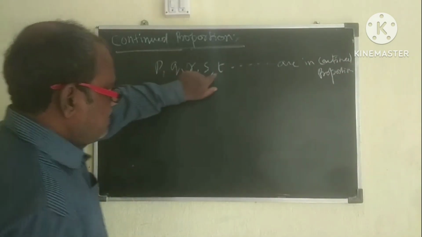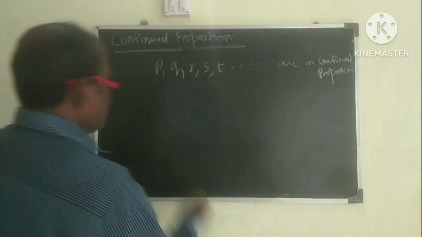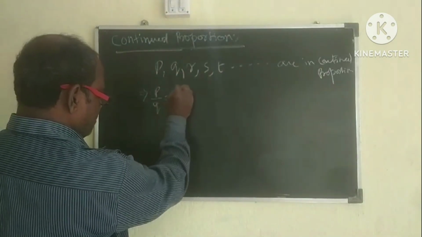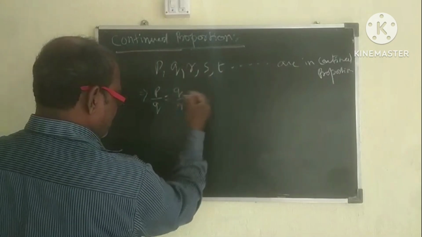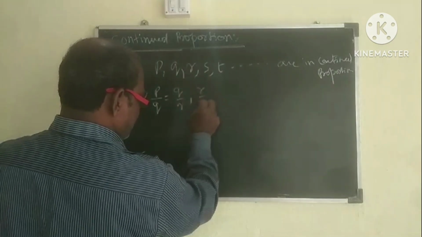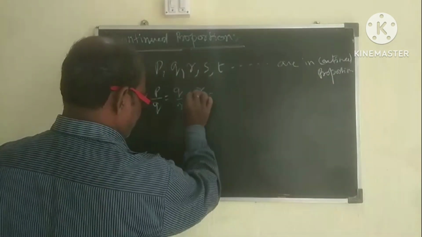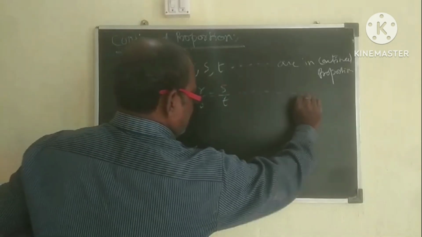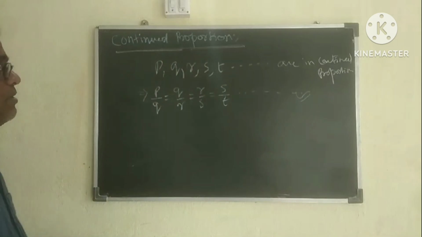If P, Q, R, S, T are in continued proportion, then we can write P by Q is equal to Q by R is equal to R by S is equal to S by T and so on.